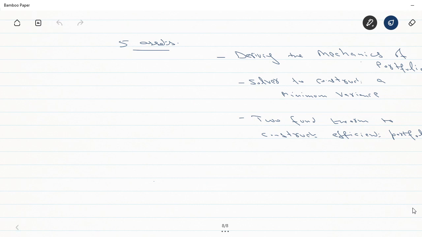So starting first with the portfolio return and portfolio variance. Let's say we have two assets whose returns are represented by R1 and R2 with respect to weights W1 and W2, and some variances sigma 1 square, sigma 2 square, and sigma 12 as the covariance.